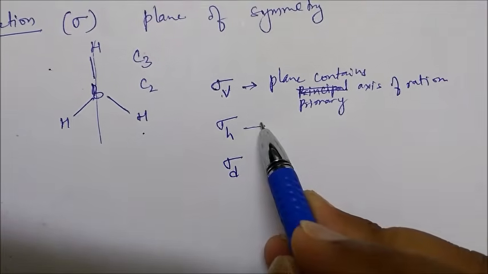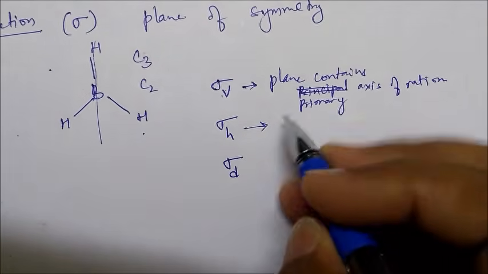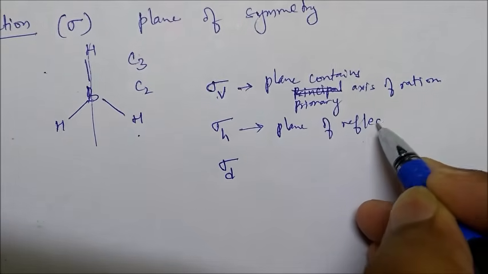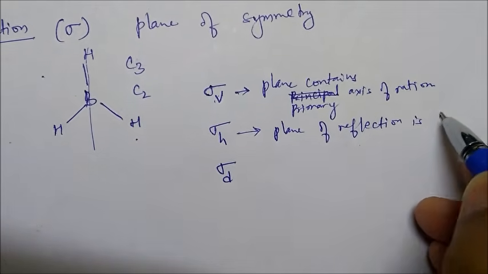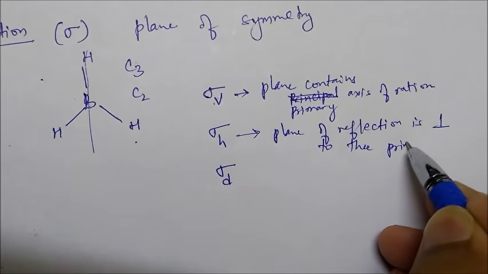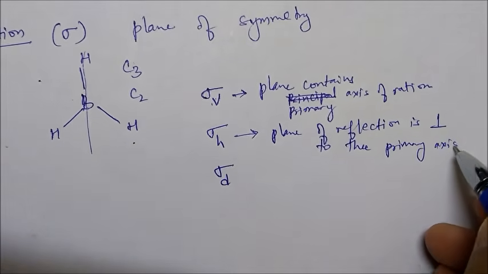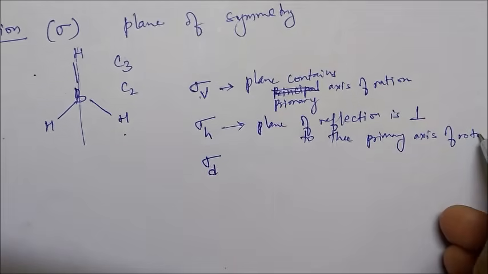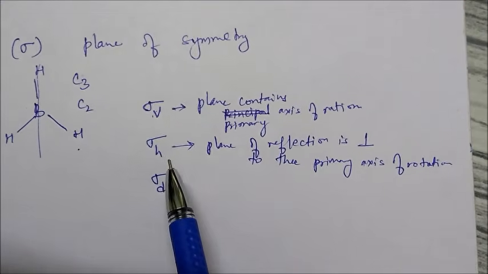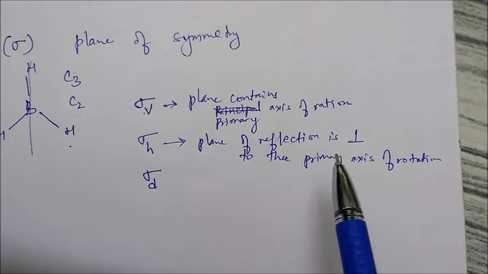The horizontal plane of reflection is perpendicular to the primary axis of rotation. So this sigma h plane will be perpendicular to the primary axis of rotation.